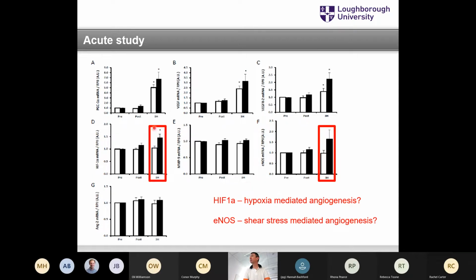So both of these signals for adaptation, in particular related to angiogenesis, were enhanced in our blood flow restricted exercise bout. So that was interesting in the first case. So that whetted our whistle and allowed us to think, okay, well, something's going on potentially in the angiogenic response. And then we continued with the experiment.